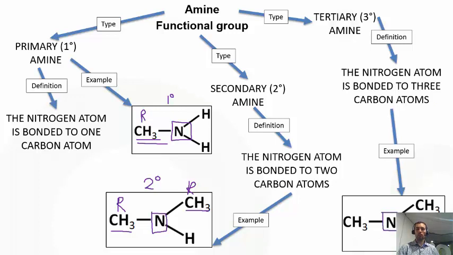We've got the nitrogen atom in the center, and every single one of its covalent bonds is to a carbon atom, corresponding to 3 different R groups. So in a tertiary amine, we've got no attachments to hydrogen. All of the attachments are to carbon instead.